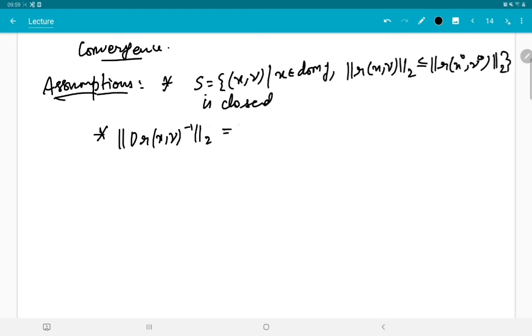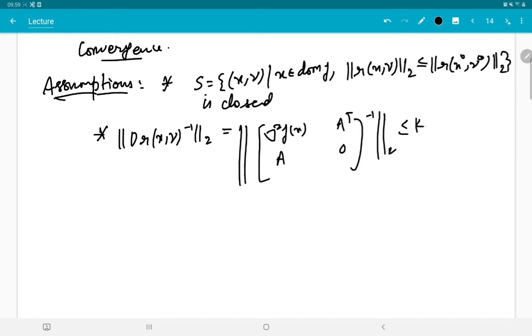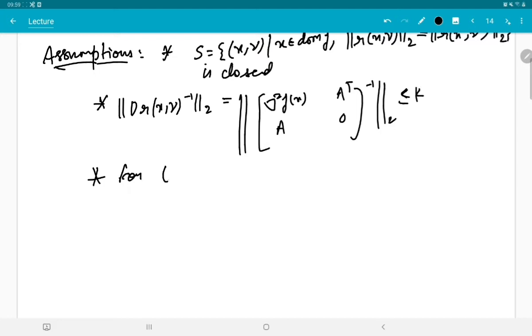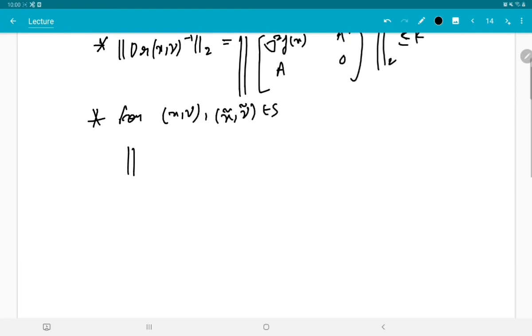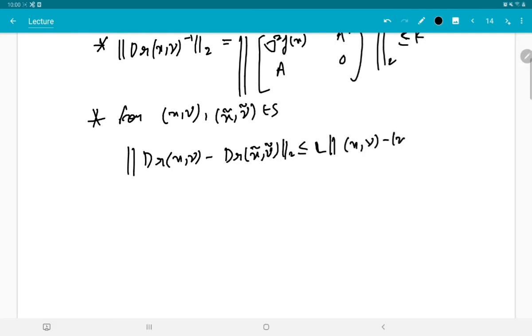So the norm of its inverse, which involves del square f of x, which we have already seen, is less than or equal to K. The third assumption is the Lipschitz assumption, that is, for x, nu and x tilde, nu tilde in S, we have an equivalent Lipschitz formulation: the norm of Dr at x, nu minus Dr at x tilde, nu tilde is less than or equal to L times the norm of x, nu minus x tilde, nu tilde.